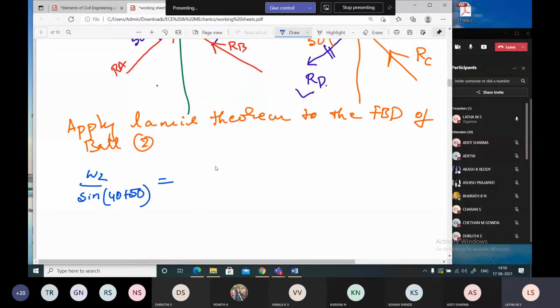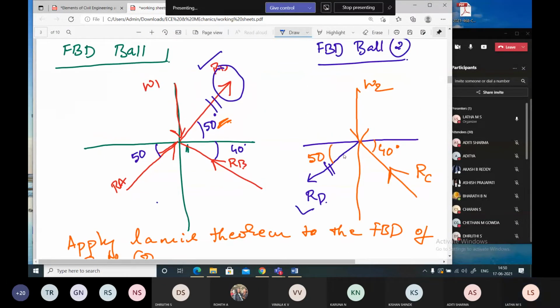Any doubt, students, how to take the angle? This is 40. This is 50. If I'm talking about W2, the opposite angle between the other two forces is 40 and 50.